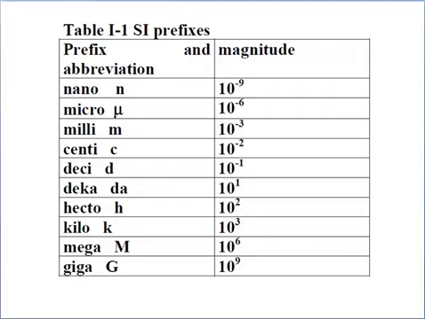You should memorize Table 1.1, which is to say memorize each prefix and the magnitude that goes with it. And remember that 1 megameter is 10 to the 6 meters, or 1 megagram is 10 to the 6 grams.